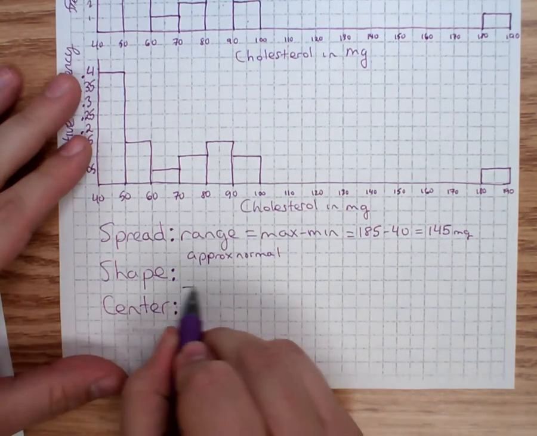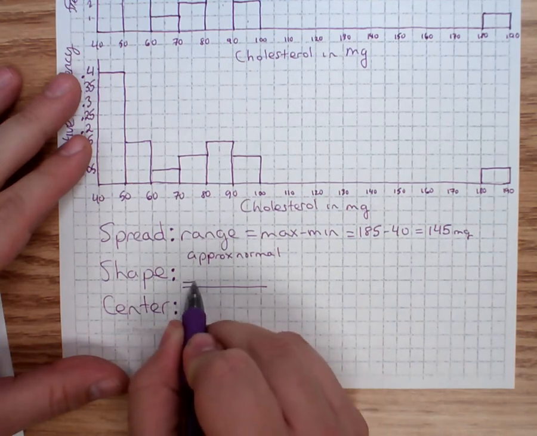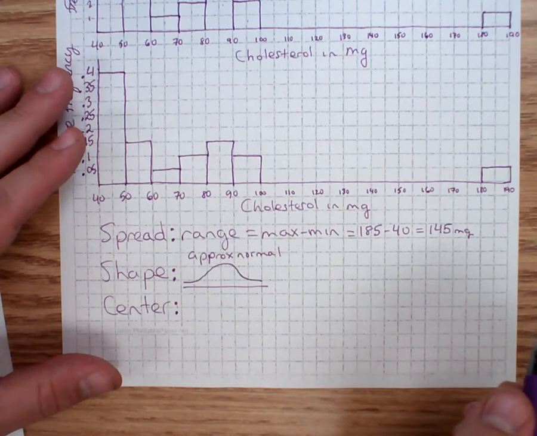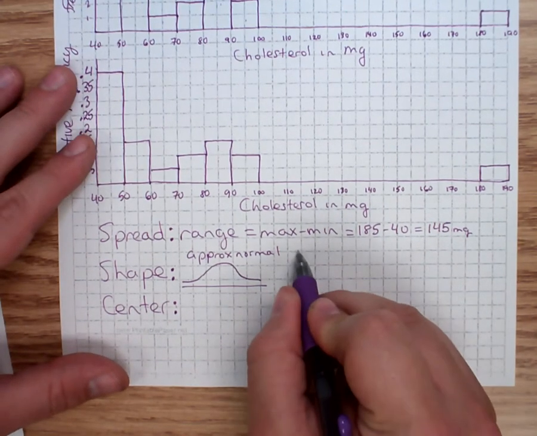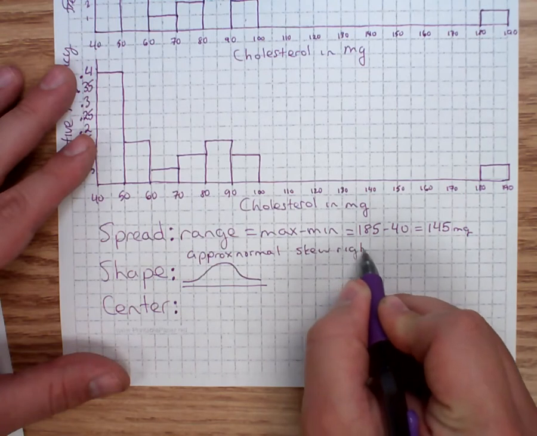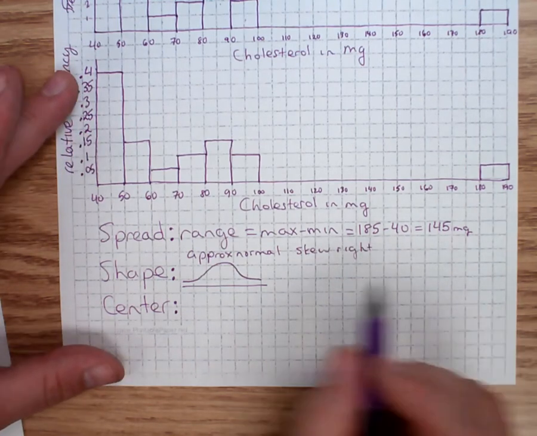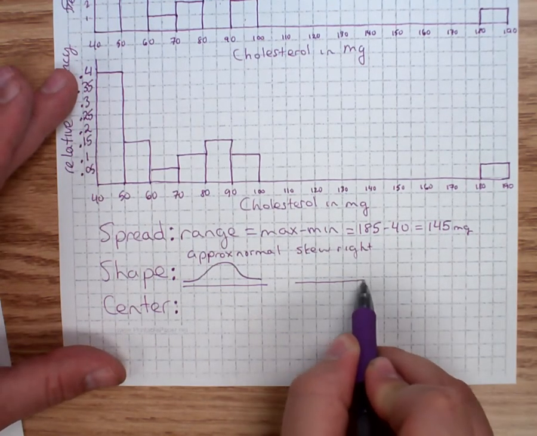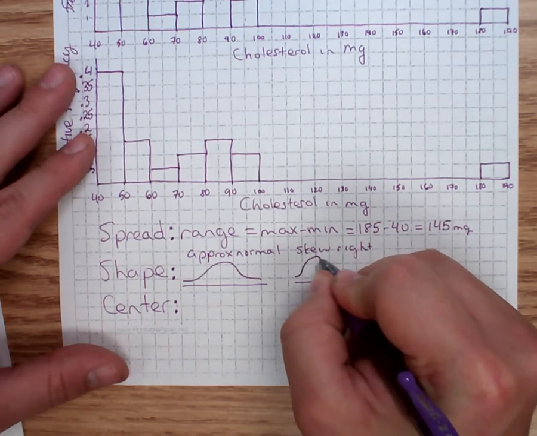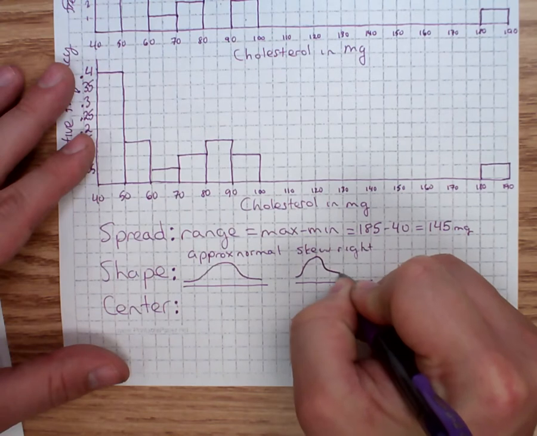The approximately normal looks like that bell, right? And then we have the skews. We have skew right. Skew right is where it tails off at the end.